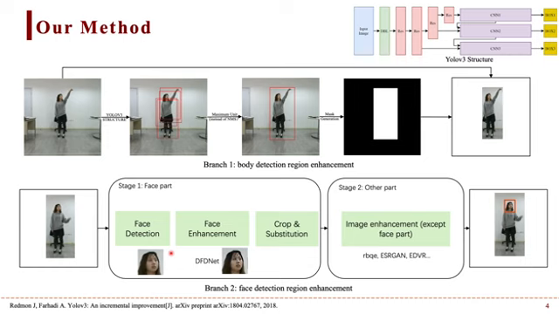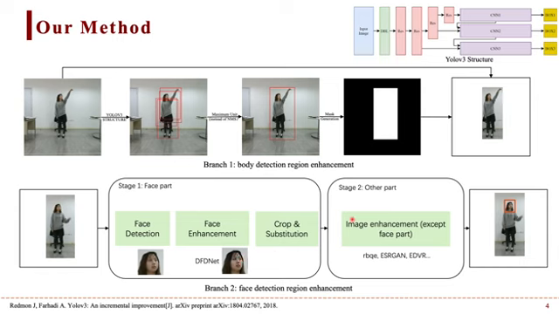For branch 2, the face detection region enhancement, we further get the face part by face detection. Here we use the pre-trained DLIB network, and then we do the face enhancement based on a network named DFDNet, and then we crop the face part.